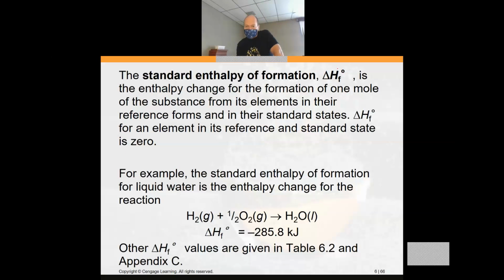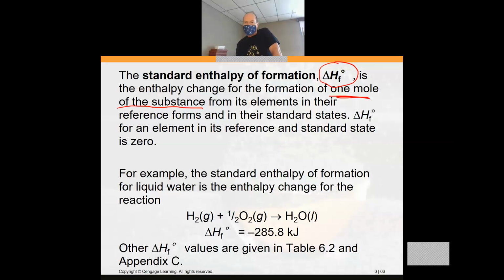All right, so here it is written out for you. This is your delta H naught formation, standard enthalpy of formation. The key here is you have to make 1 mole of the substance, which means you're going to have to use fractions many times. The rule is you make 1 mole of the product. Whatever fractions you have to use to make 1 mole of the product, you use them.